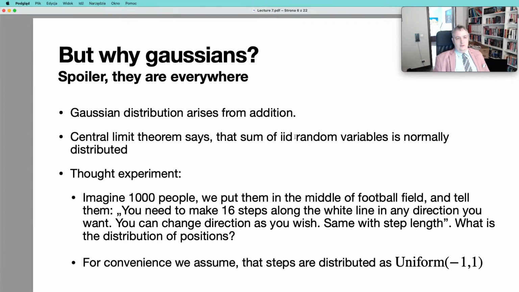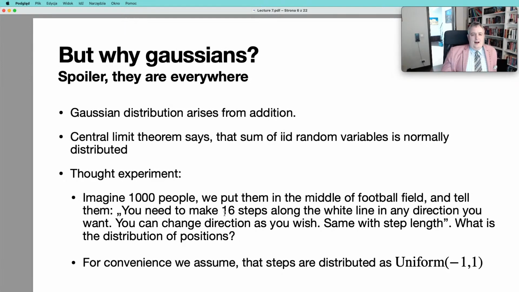This abbreviation, IID, is independent identically distributed random variables. So if we have a sum of those variables, it is normally distributed, which is very important, for example, in Monte Carlo computation, where we compute expectations, which gives us the central limit theorem as a tool for Monte Carlo error estimation. But that will be covered in a lecture that should happen before, but that's a tangent.